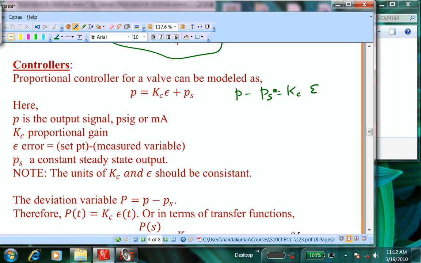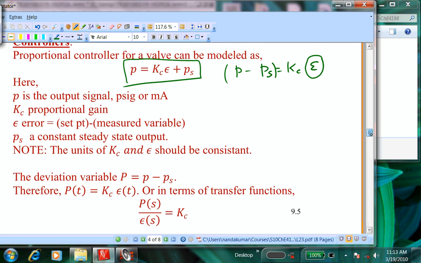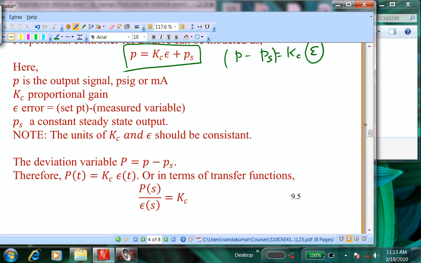The proportional controller says the pressure signal I need to send is proportional to the error signal, Kc being the proportionality constant. The equation is rewritten as P equals Ps plus Kc times epsilon. So the transfer function for the controller is P divided by epsilon, the error, equal to Kc, for a proportional controller.